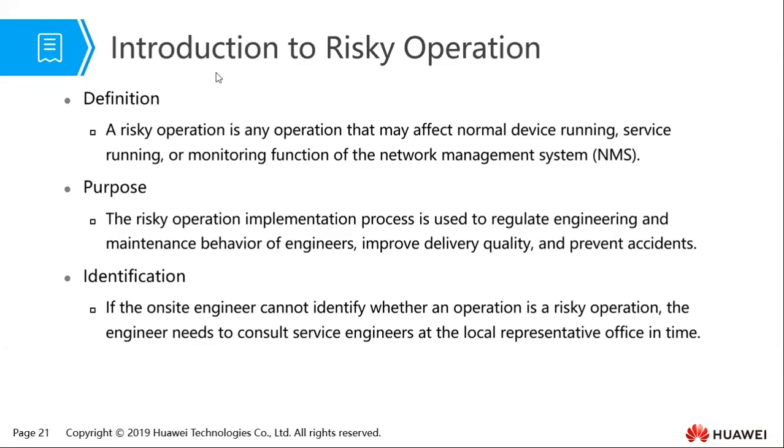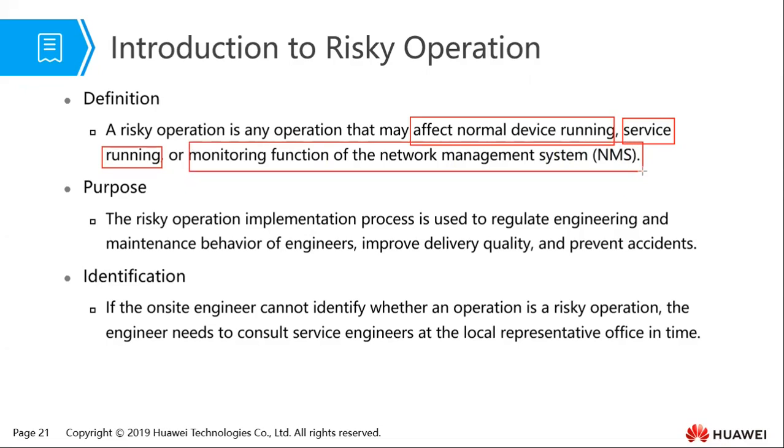As a definition, a risky operation is any operation that may affect the normal device running, a service running, or monitoring of the function of the network management system. When you talk about device running, we are most likely talking about the hardware, or even a software problem that may affect normal device running.